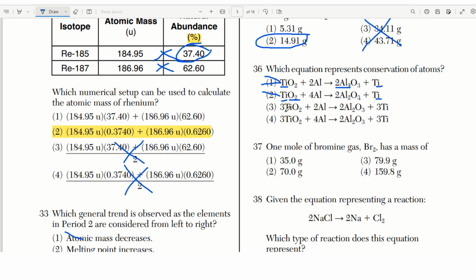Okay, wrong. 3 Ti's, 3 Ti's. 3 times 2 is 6 O's. 2 times 3 is 6 O's. 2 Al, uh-oh, 2 times 2, nope. All right, this last one better be right. 3 Ti's, 3 Ti's. 2 times 3 is 6 O's, 2 times 3 is 6 O's, and 4 Al, 2 times 2 is 4 Al. Yep, there we go.